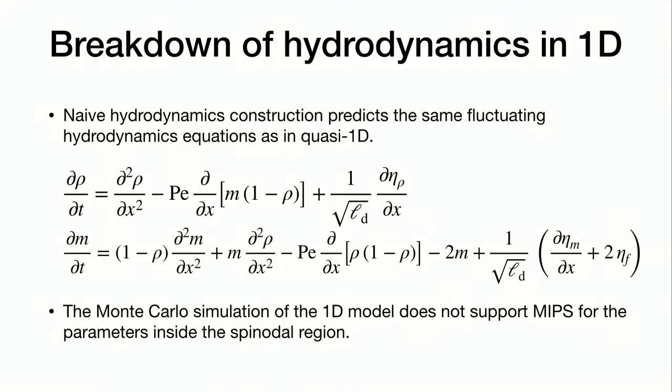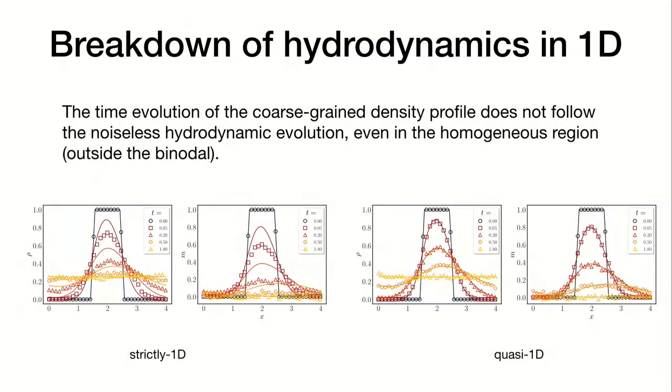Following the procedure will give you the same hydrodynamic equation as this quasi-1D ladder, but it turns out that you evolve the micro and the hydrodynamic equation together, and these are precise because we know how to go from the micro parameters to the macro parameters exactly. So for this quasi-1D one, the micro and the hydrodynamics follow precisely.